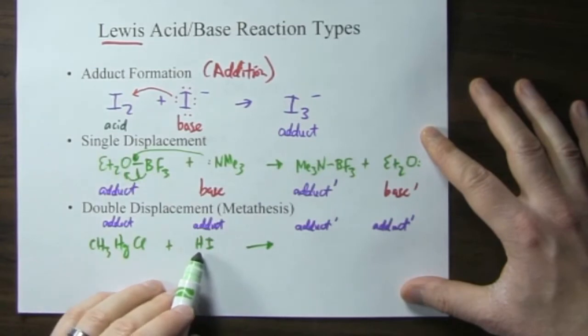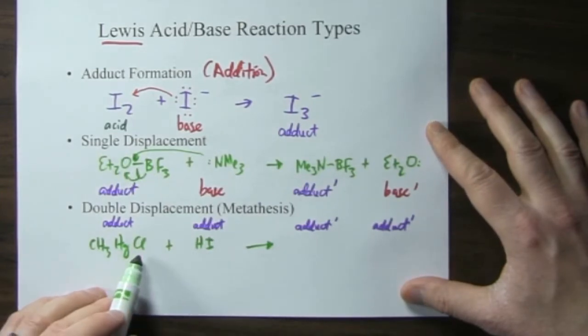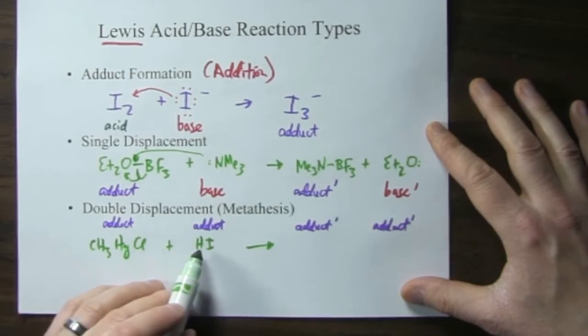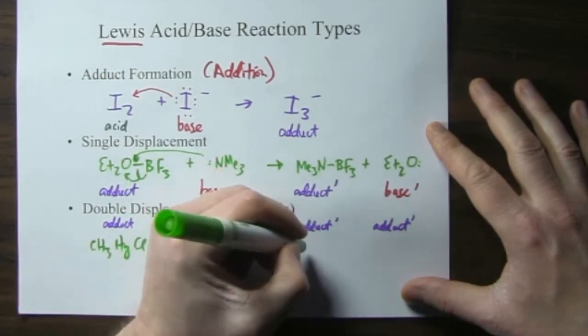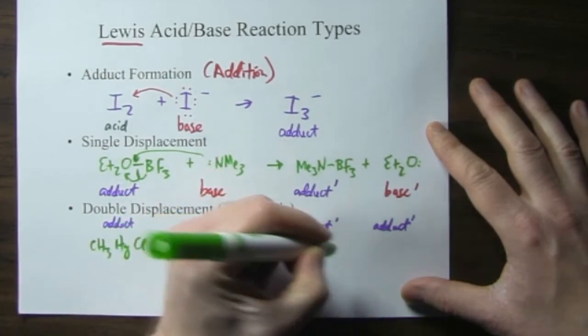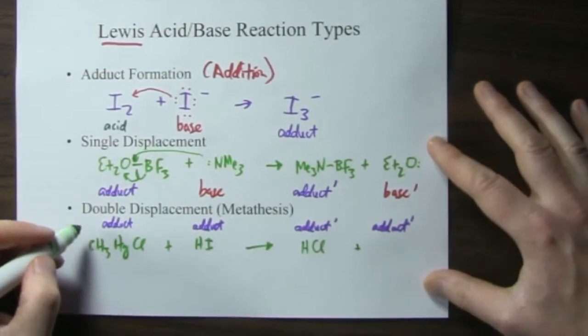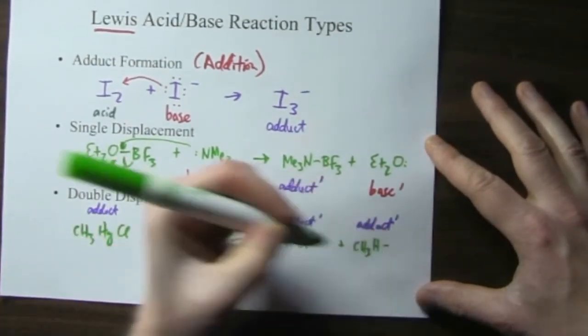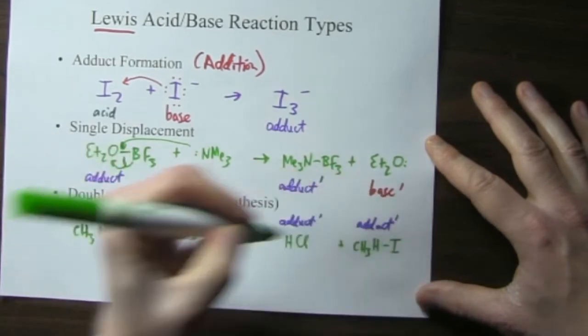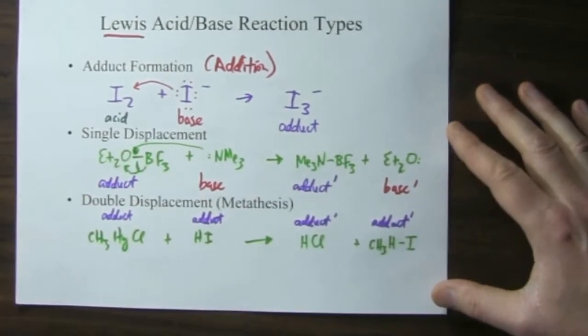And the hydrogen is, of course, an acid. Chloride is a base, so the hydrogen could displace the methyl mercury on the chloride to make hydrogen chloride, and methyl mercury would then combine with the remaining iodide to make the other new product.